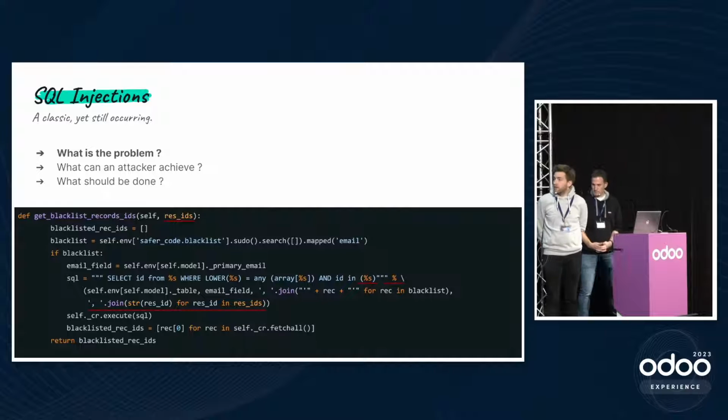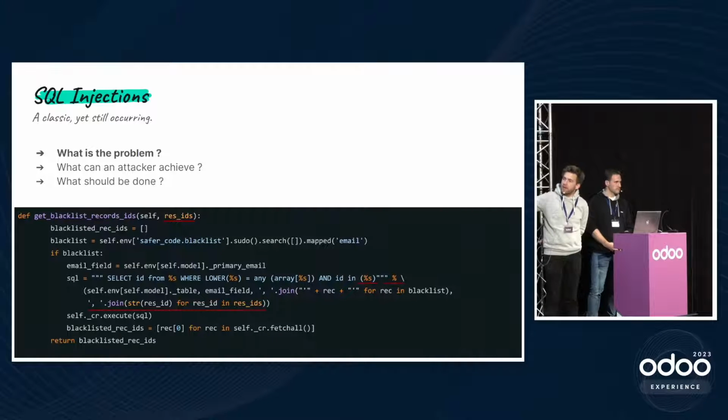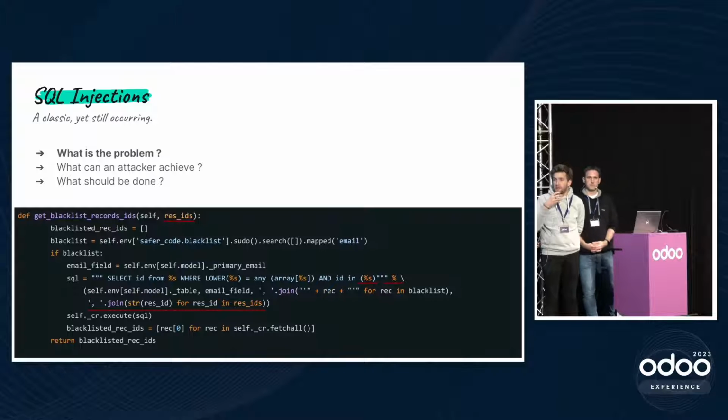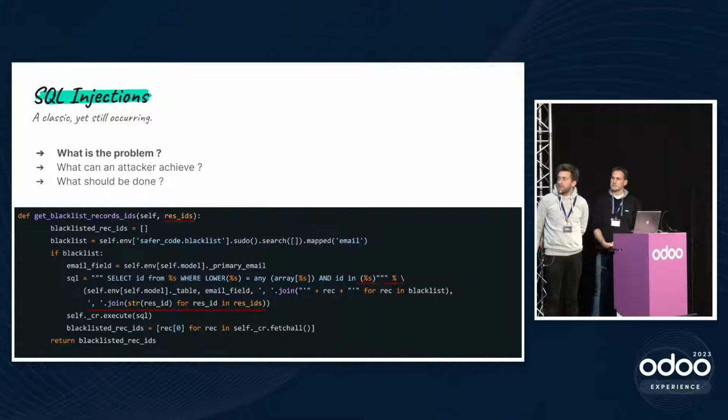I will show it later, but basically the problem here is that the parameters are passed into the string directly using the basic string templating of Python instead of using the SQL parameters from execute.